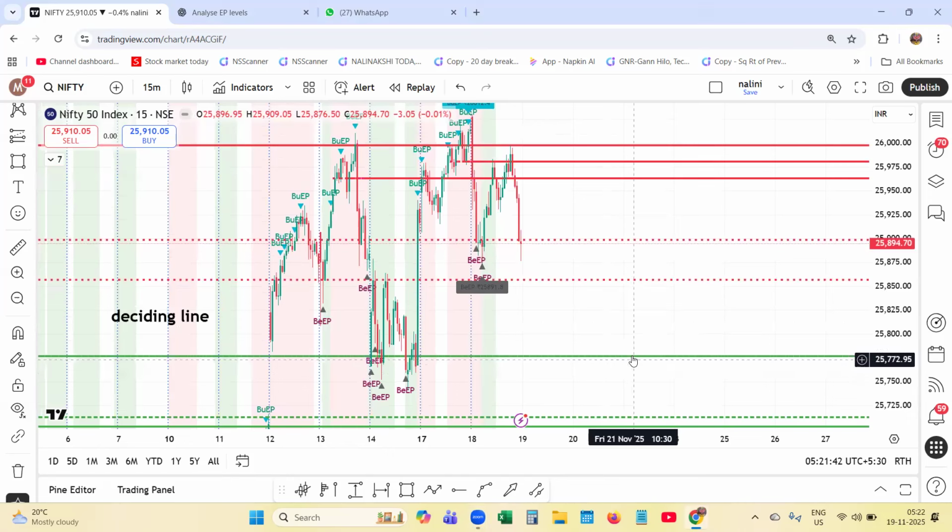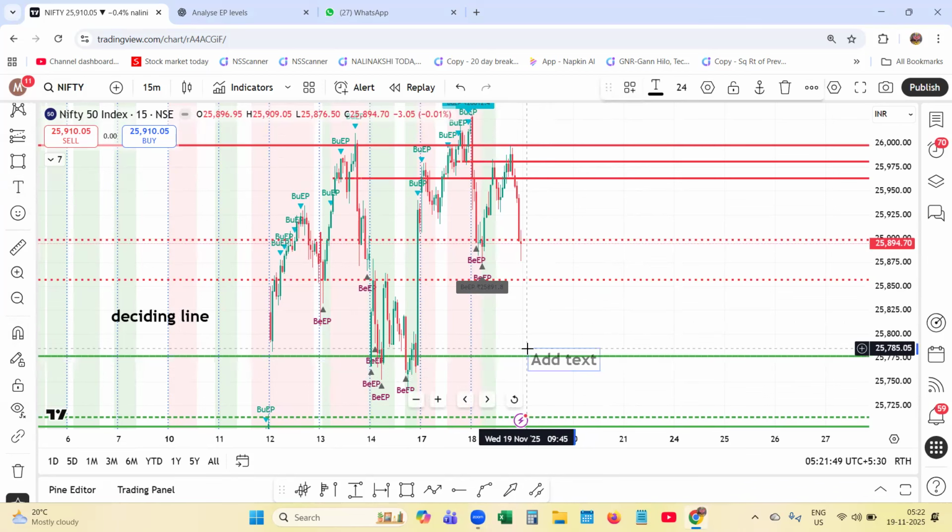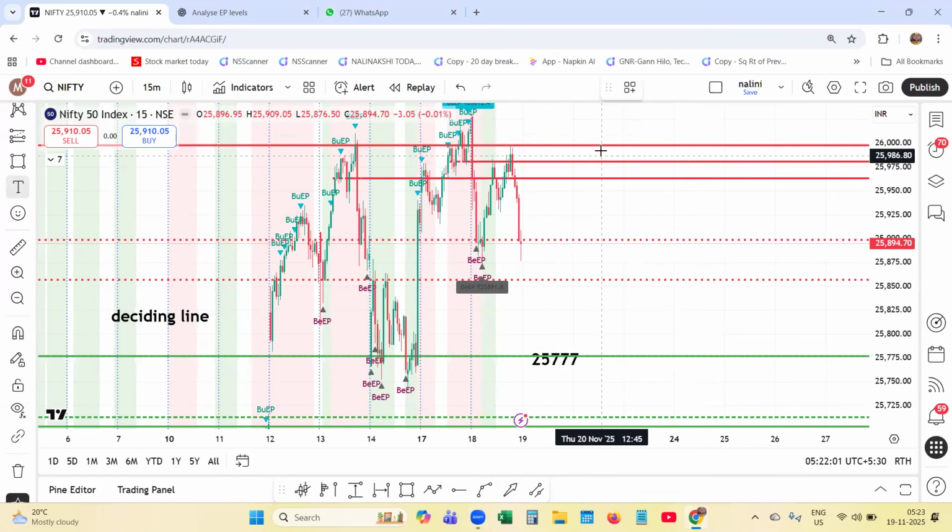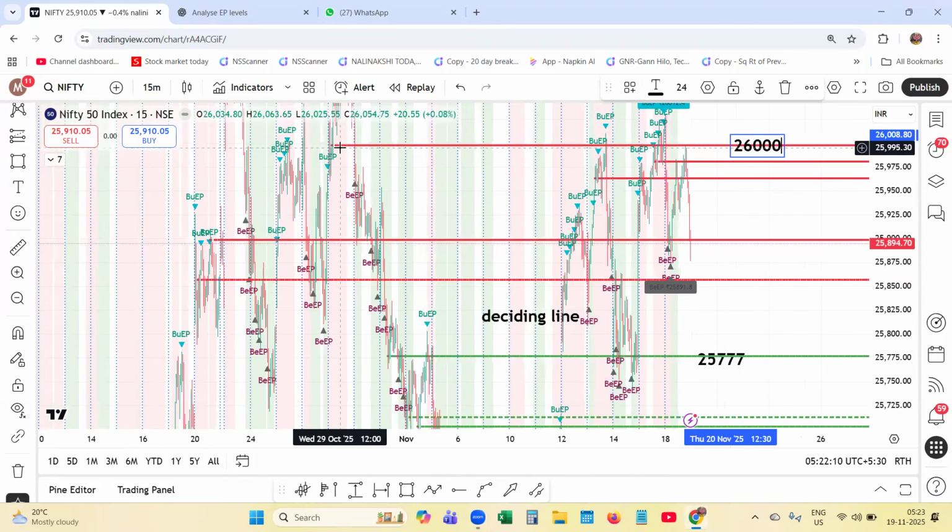So we know the major boundary, like 25,777. You need to mark that. And these are the cluster of levels. We'll go back to the top one. We'll mark the 26,000 because it is running across.